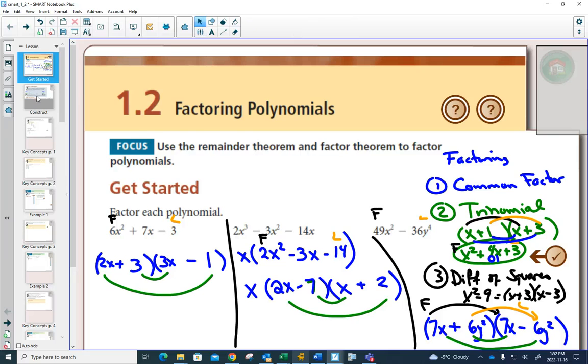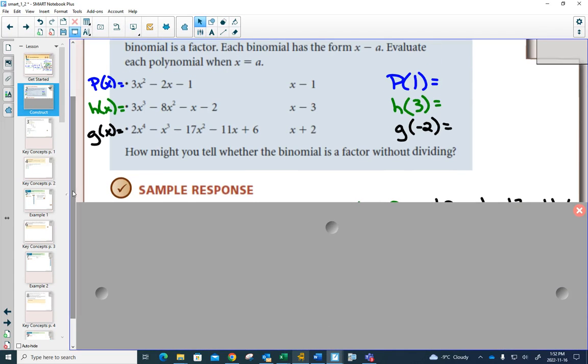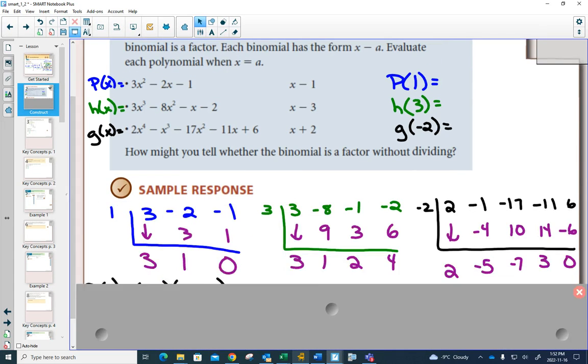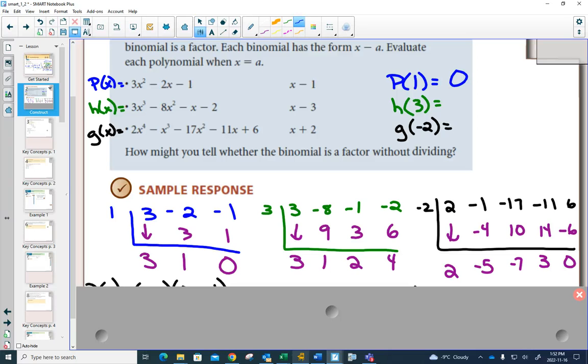So next up, I asked you to do synthetic division for the first 3. How did you do? And then I asked you to plug in 1 into the first equation. Did you get 0?